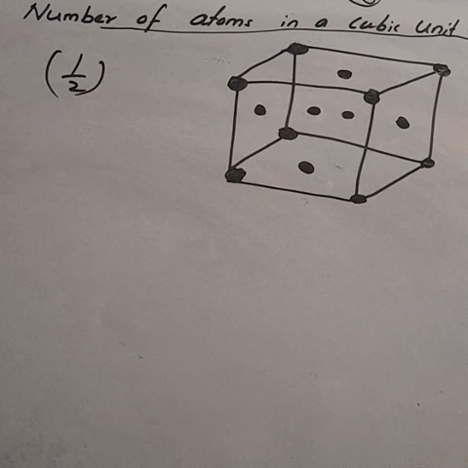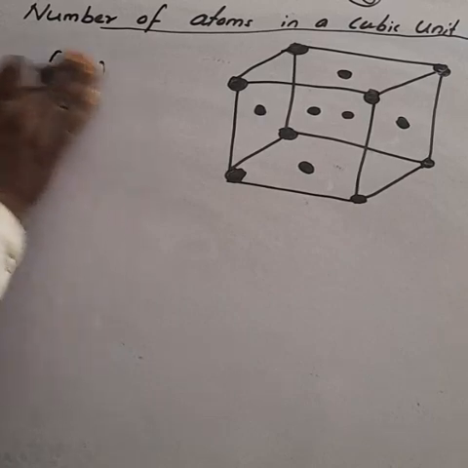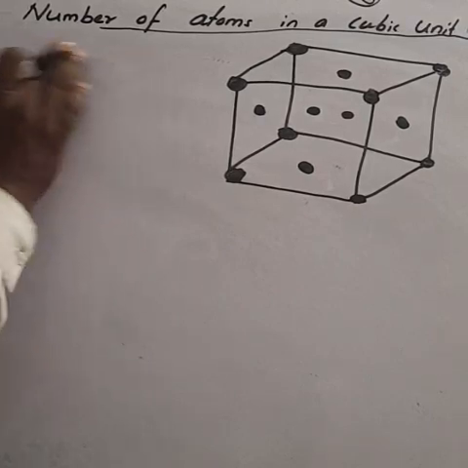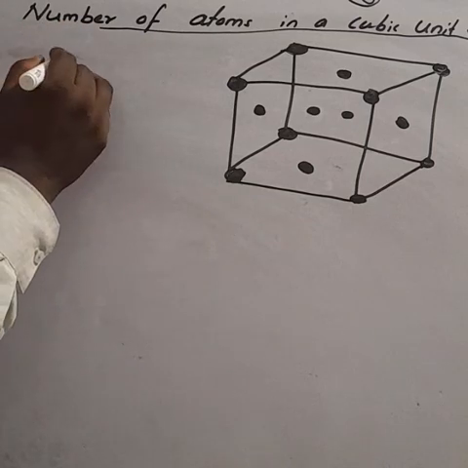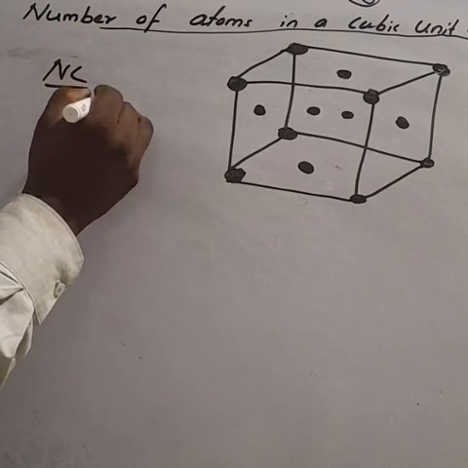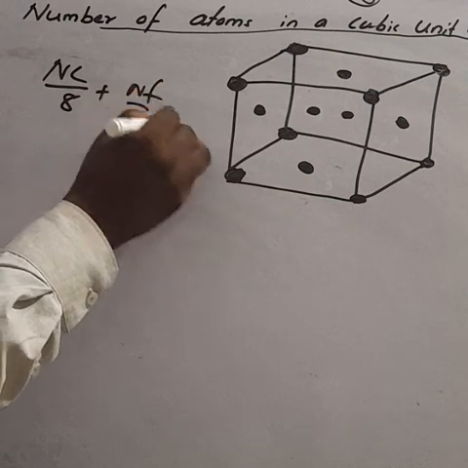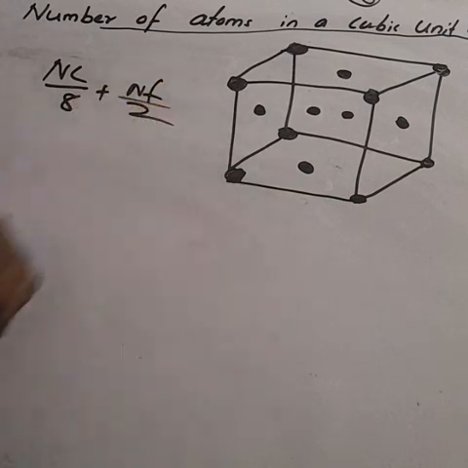How can you write the number of atoms in the FCC unit cell? The number of atoms in the FCC unit cell is equal to NC divided by 8 plus NF divided by 2. What is the formula here? NC divided by 8 plus NF divided by 2.